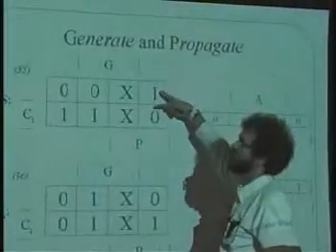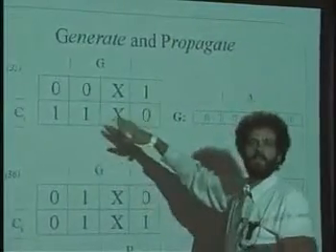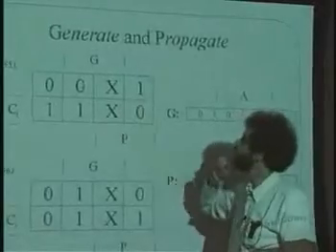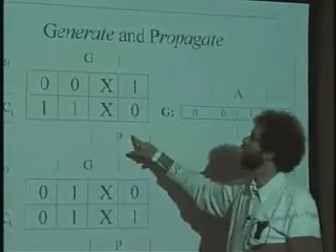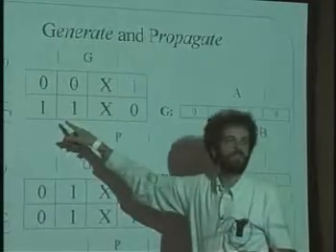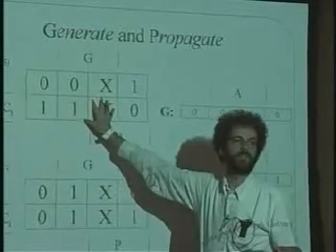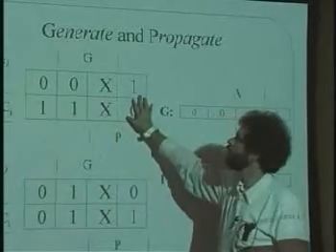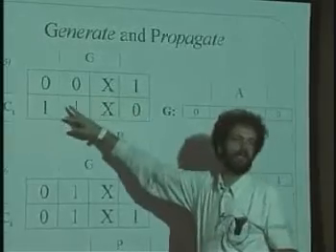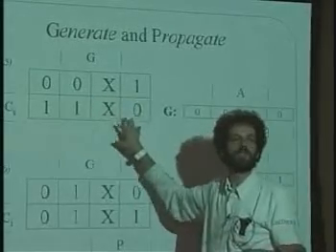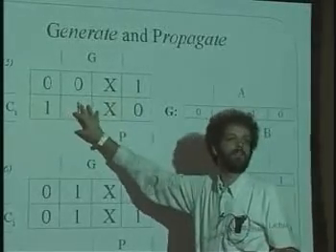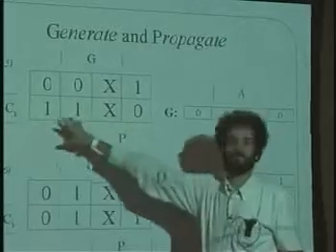In the propagate case, the output is the opposite of C sub I. This is a simple function. What is this function? It's propagate XOR C sub I. That's all this function is, right? If propagate is true, then we want to invert C sub I. If propagate is not true, then the sum is equal to C sub I. So it's just P XOR C sub I.